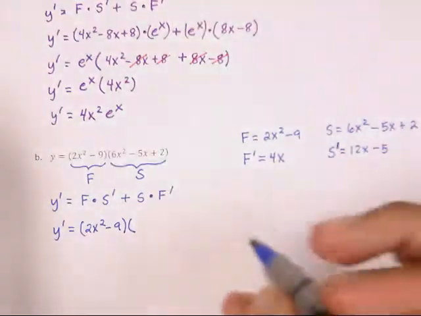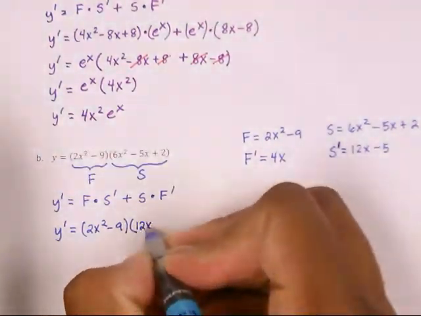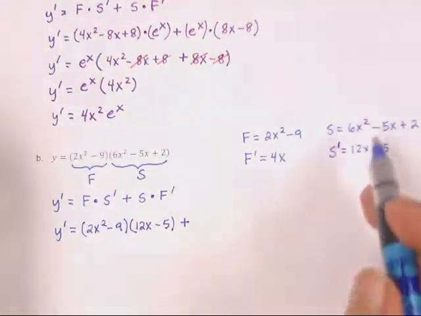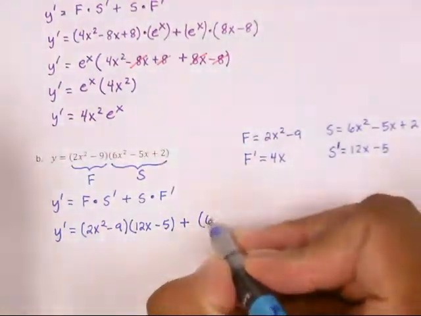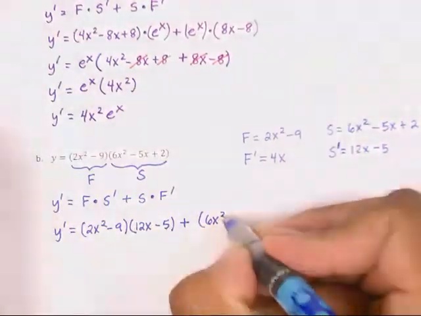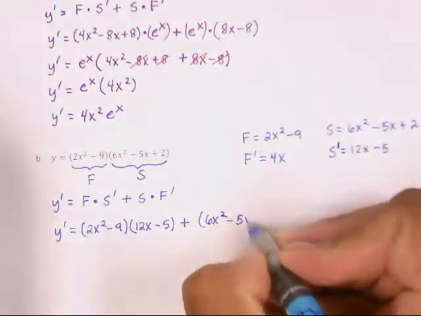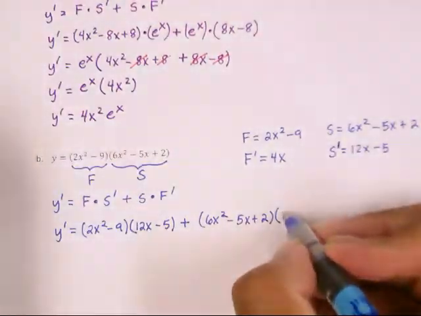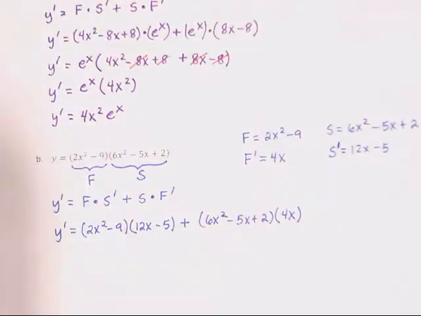The derivative of the second there was 12x minus 5. And then plus, and then the second was that 6x squared minus 5x plus 2 times the derivative of the first, which is in this case 4x.